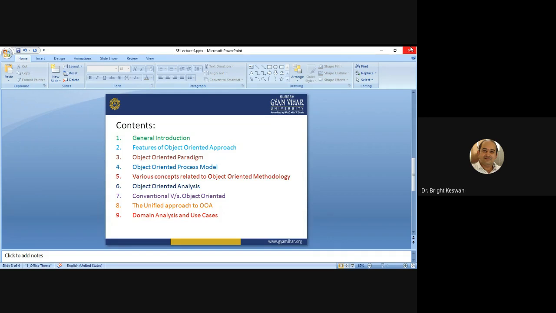As I said earlier, the data is the central part and the surrounding part is the methods. So how to access the data, what methods and what algorithms are used to process the data, are the surrounding part of the data. These algorithms are called operations and methods.